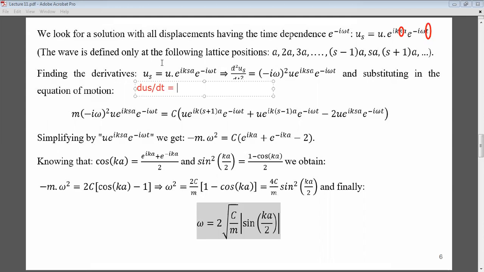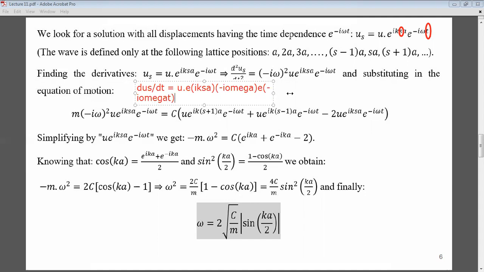This is equal to what? U, because it is not dependent on t, e^(i k s a), because again this is a constant with respect to time. What is not constant is this e^(-i omega t). So I will have minus i omega, it will jump out, e^(-i omega t).